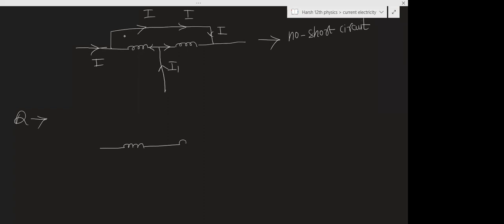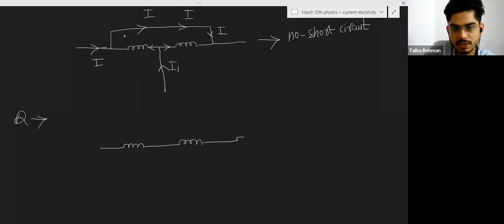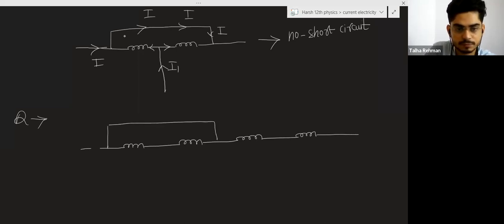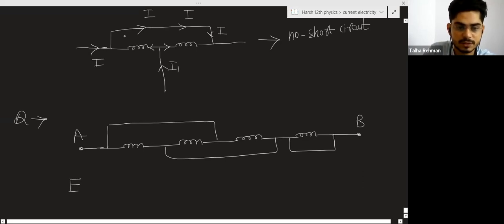Suppose we have four resistances, and this is connected like this, and this is connected like this with a wire, and this resistance is connected with this, and this is point A and this is point B, and we have to find the equivalent resistance.